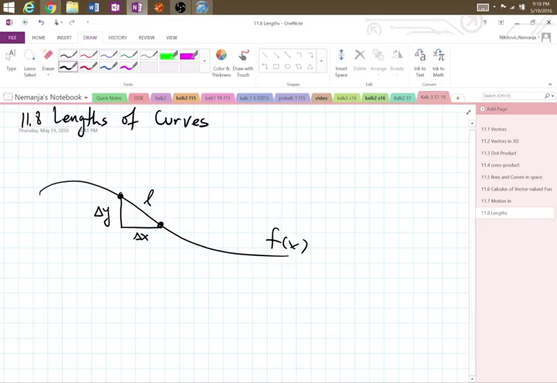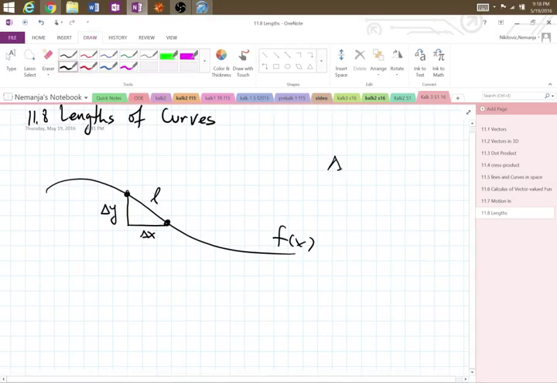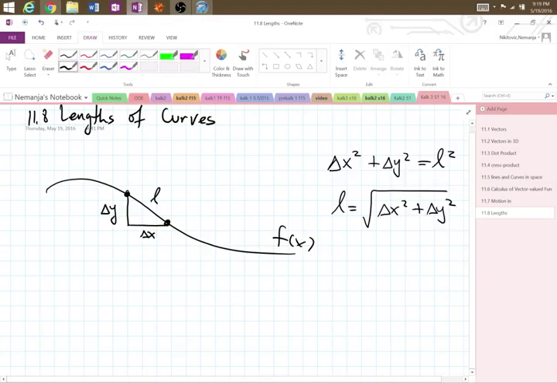So now we are going to use the Pythagorean theorem and say that delta x squared plus delta y squared is equal to L squared. From where L is equal to the plus minus square root, but we can drop the negative because lengths are never negative. So it's going to be the square root of delta x squared plus delta y squared.